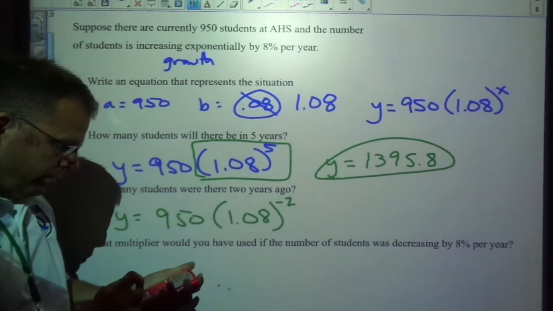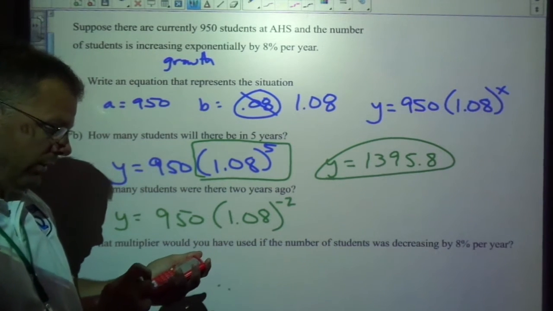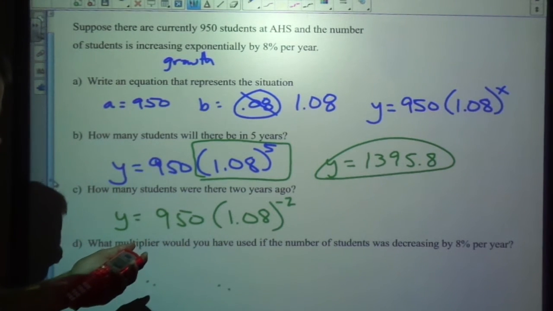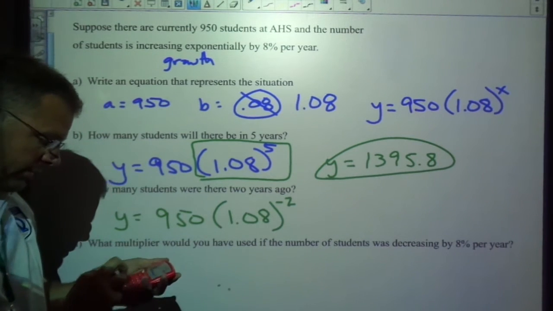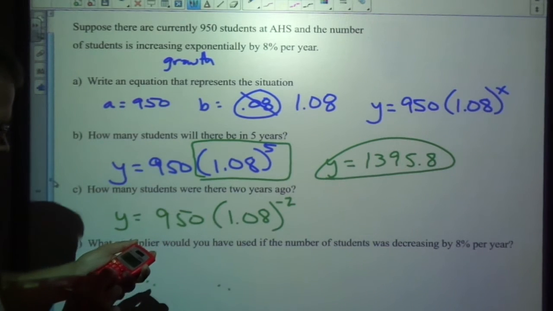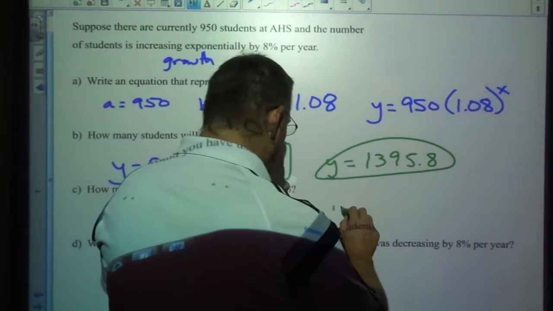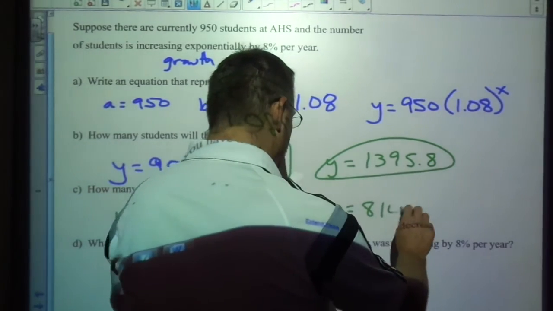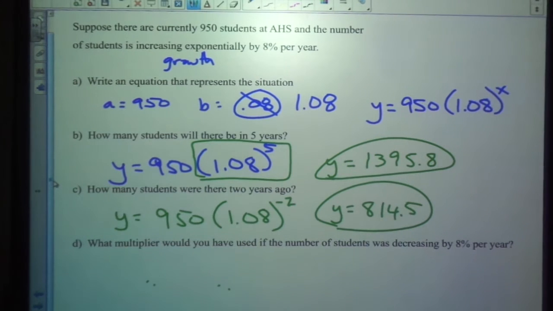So I'll just go 1.08 raised to the -2 power. And I got 0.857, take that times 950, and I'm getting 814.5. So there were less students 2 years ago than there are now with 950.